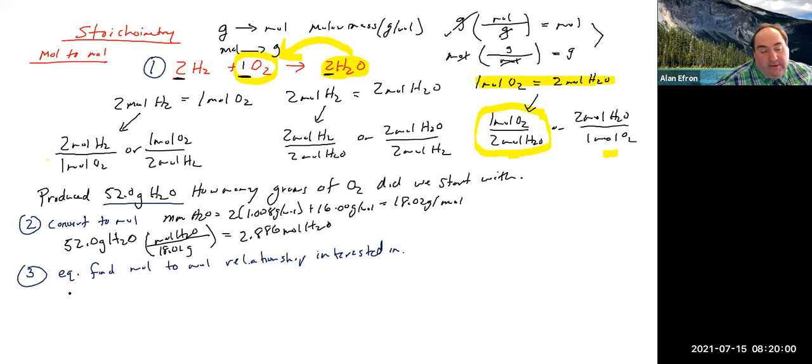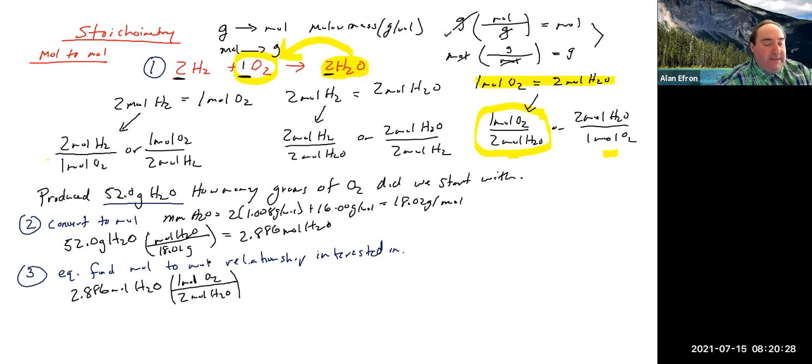So continuing on with our calculation here in my problem, we would get 2.886 moles of water. Now we're going to, again, use our relationship to go from water to O2. So we want to get rid of water, which means it goes on the bottom, from the balanced equation, which is the stoichiometry part here: 2 moles of water gives us 1 mole of O2. That is the stoichiometry conversion.